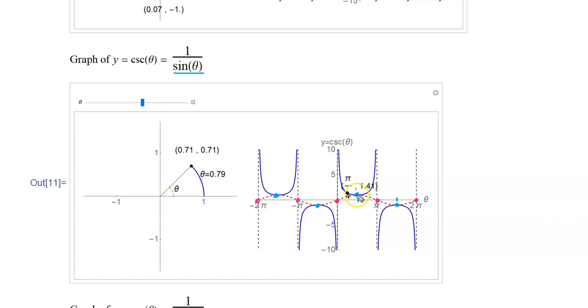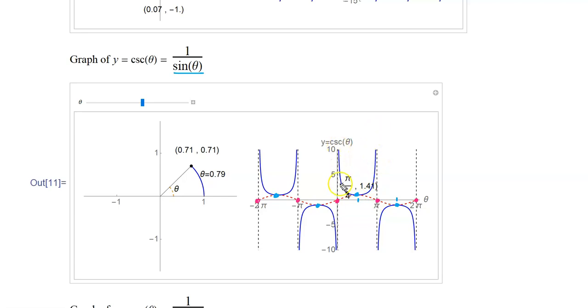And then notice that as the graph of the sine function goes towards 0, the cosecant function is going to go towards positive infinity. And as the sine function dips down, as theta goes to pi, the sine function will dip down to 0, so the cosecant function will break up like this.